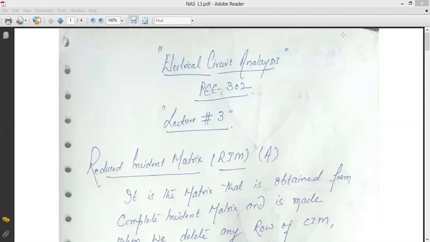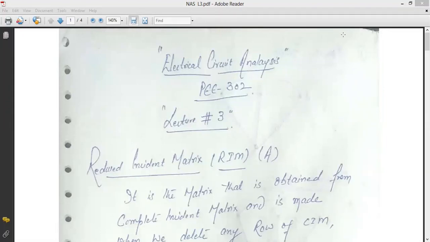Today is lecture number 3, and this lecture is a continuation of your previous lectures. In our previous lectures, we started electrical circuit analysis, and under it we discussed network topology.